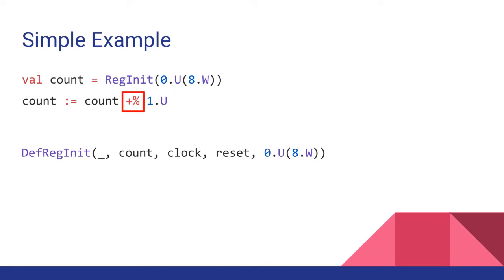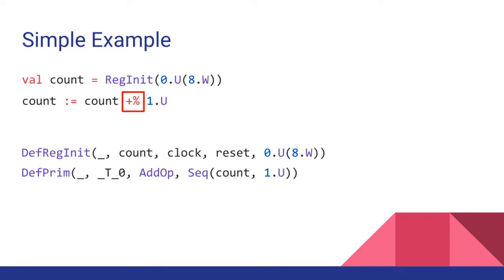Now let's look at what happens when we do this addition. This addition is operating on the count to its left and the 1.U to its right. So what it does is it pushes a primitive operation, which is DefPrim, and that DefPrim there is adding the value on the left and the value on the right. You can see that in the Seq there's count and 1.U. Those are the arguments to the add. Add op is the addition operator, shocker.